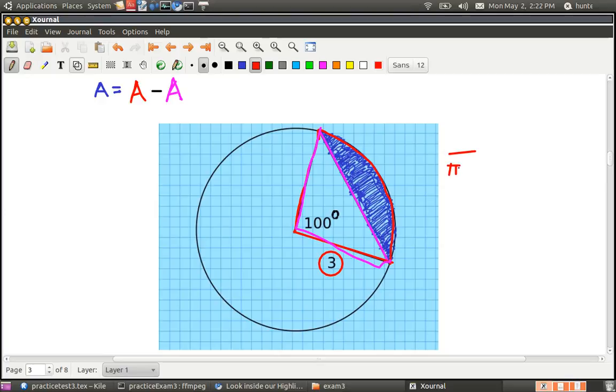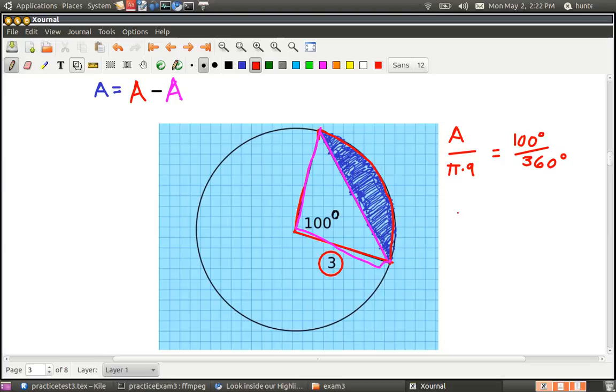So pi times 9 is the area of the whole circle. And okay, so the area of the sector is going to be a certain fraction of the whole area of the circle. And it's going to be the same fraction as how much 100 degrees eats up out of 360 degrees. Okay, so hopefully you believe that.